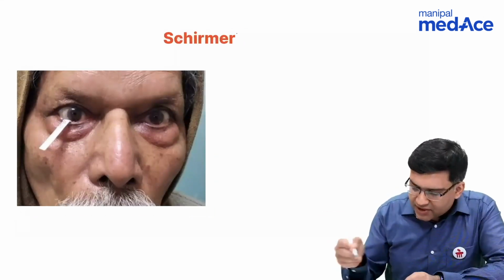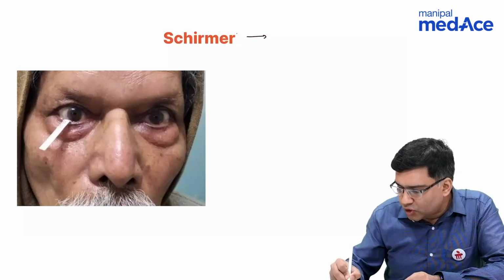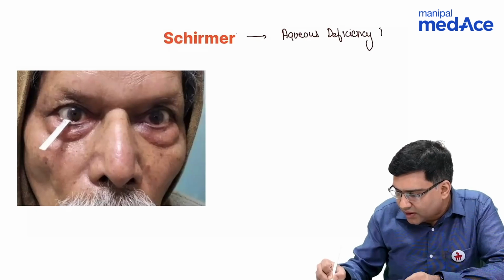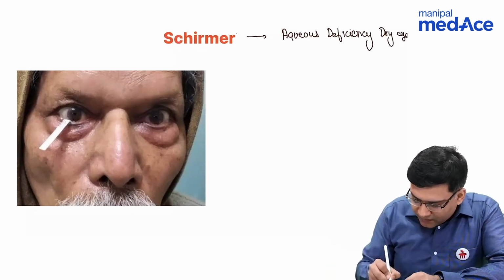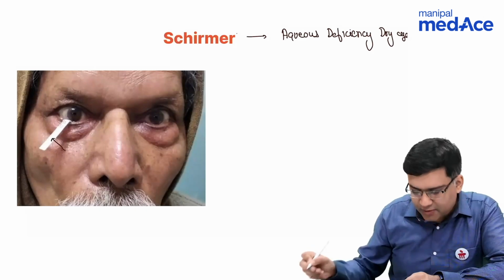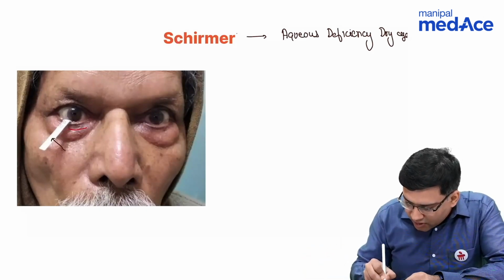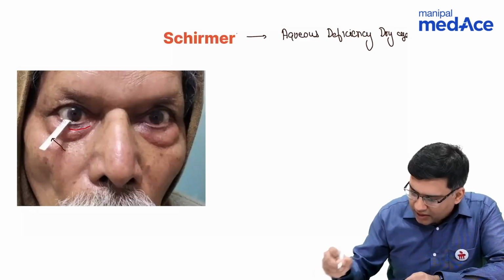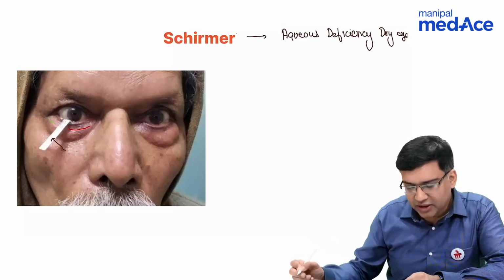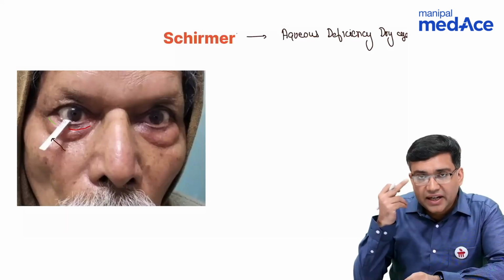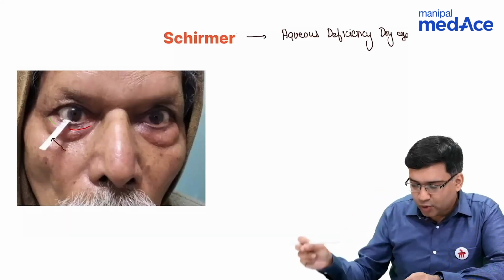So the Schirmer test is basically done to know the aqueous deficiency dry eye. As you can see here, there is a strip which is put at the junction of the medial 2/3 and the lateral 1/3 of the eyelid. We have just retracted the eyelid, and in the palpebral conjunctiva we have put this strip.